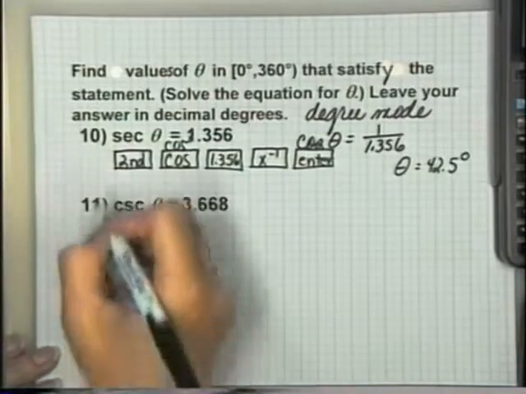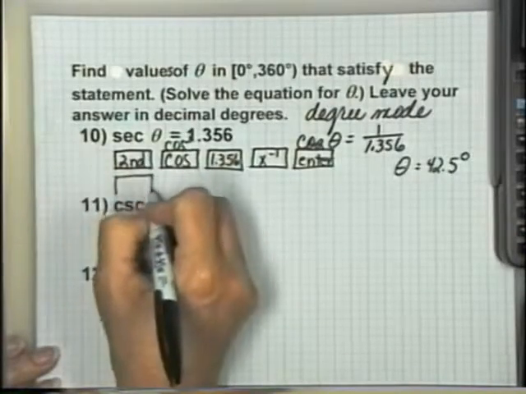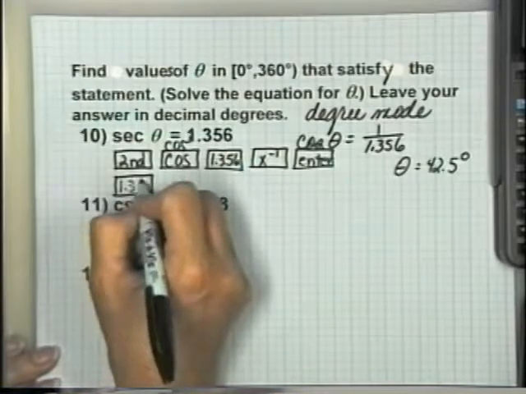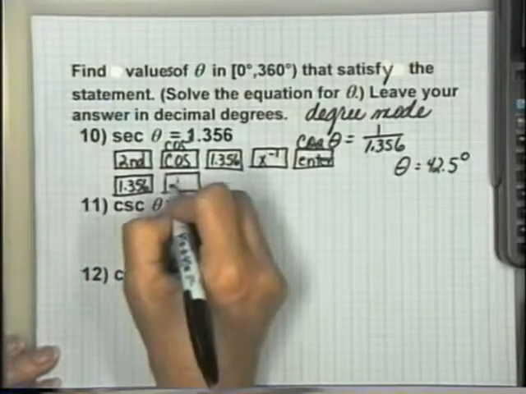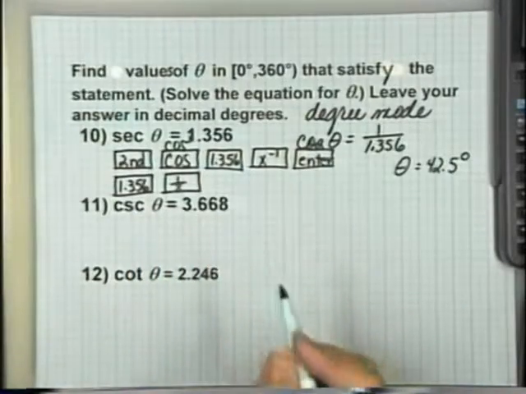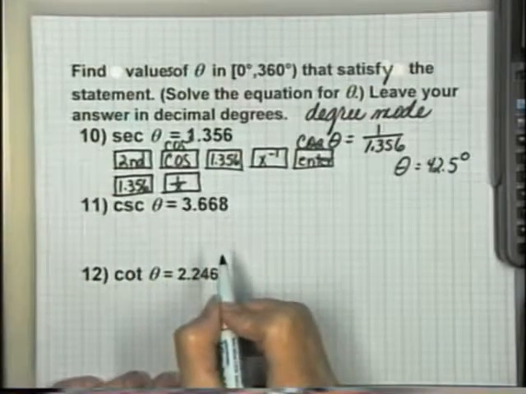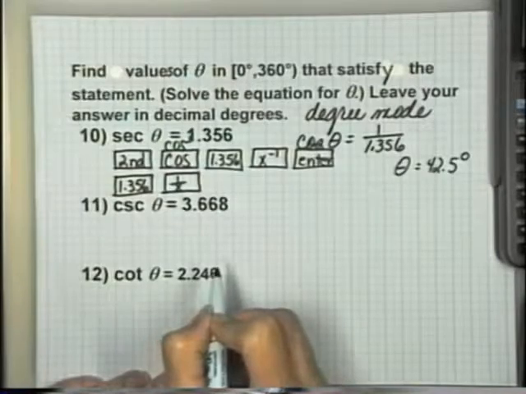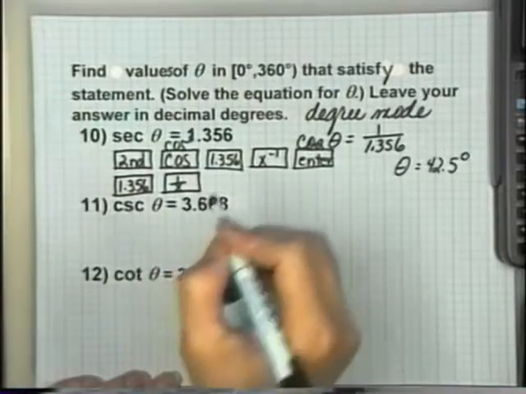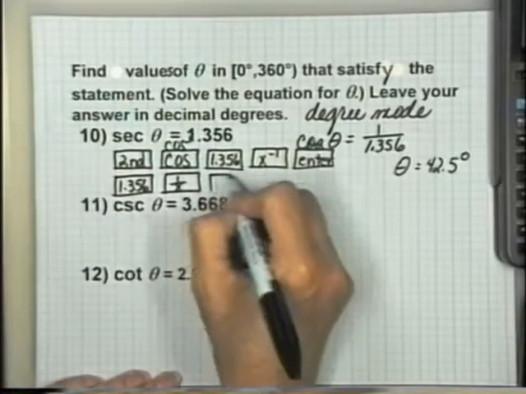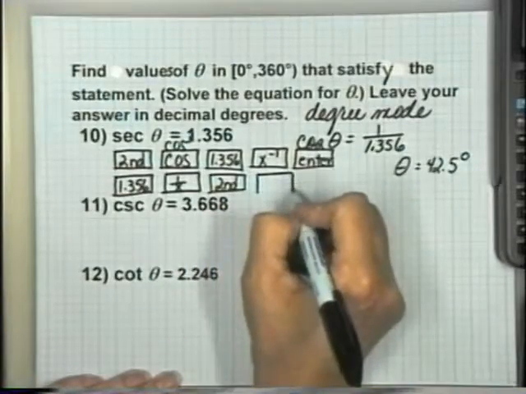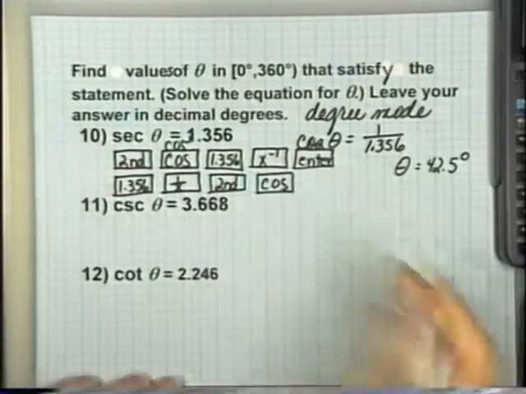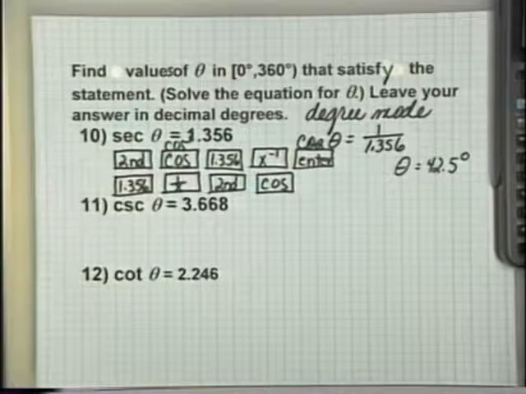Using the scientific calculator, we'll put the 1.356 in first, we'll get the reciprocal of that by using our 1 over x button. And then to find the angle theta whose cosine is equal to that reciprocal, we'll use second cosine. And of course you should get the very same thing.